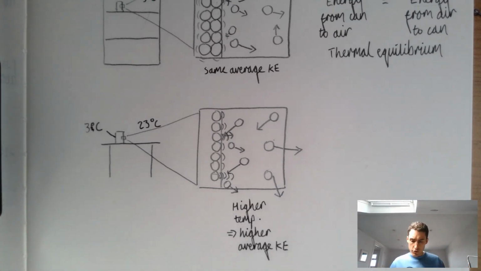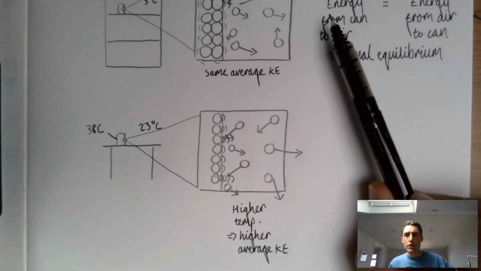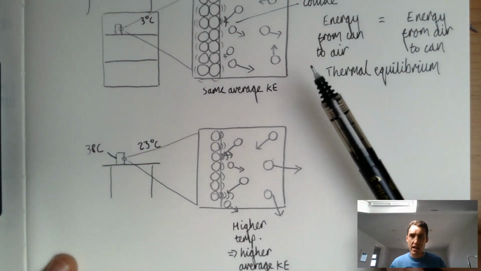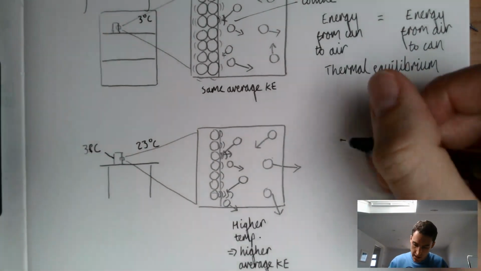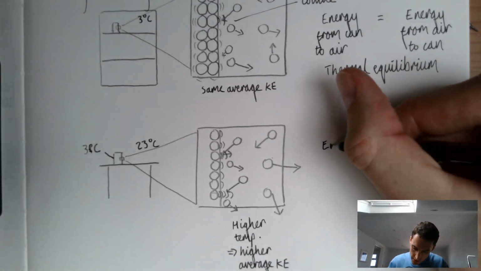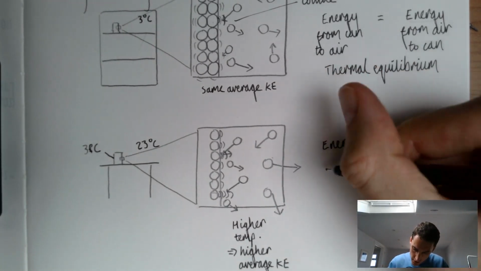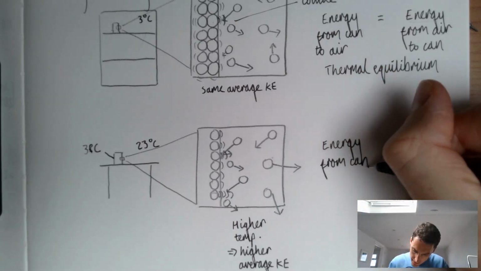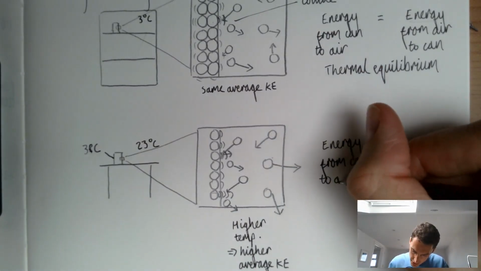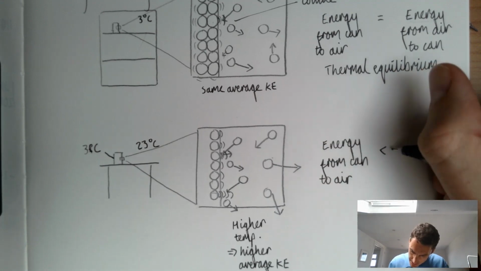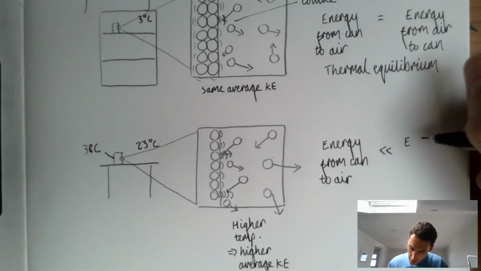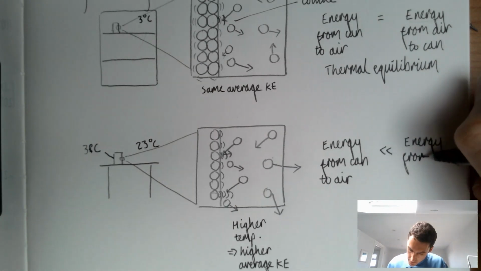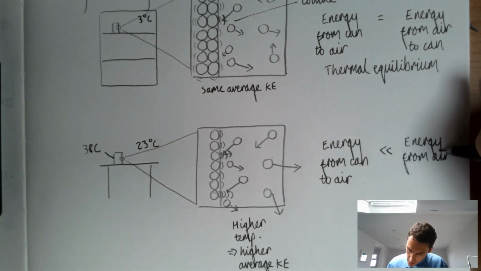Now what that means overall is, where in the first case we said that the energy transferred from the can to the air was equal to the energy from the air to the can, in this case what I can write down is that the energy from can to air is actually going to be much less than the energy from the air to the can.